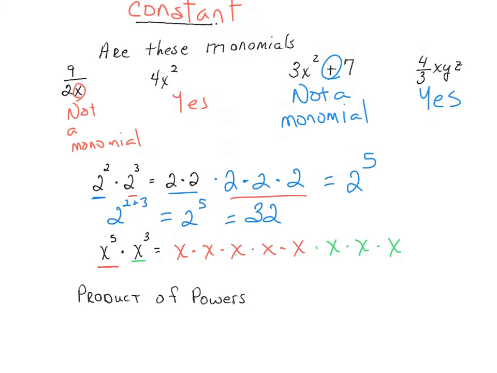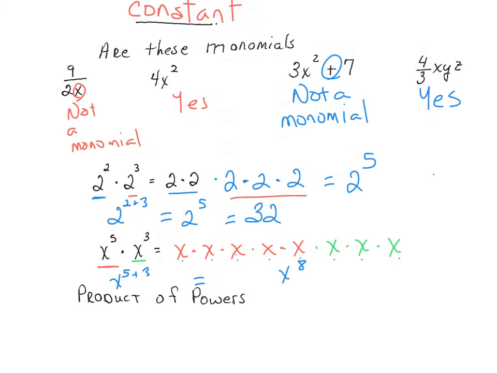So how many times is x a factor? X is a factor 1, 2, 3, 4, 5, 6, 7, 8 times. And again, we see that if we add 5 plus 3, we get x to the 8th.